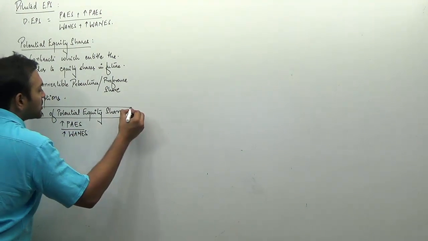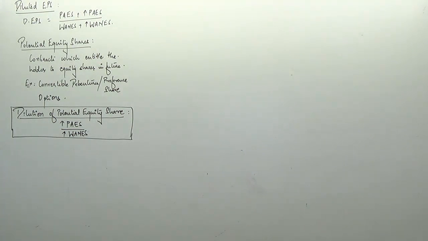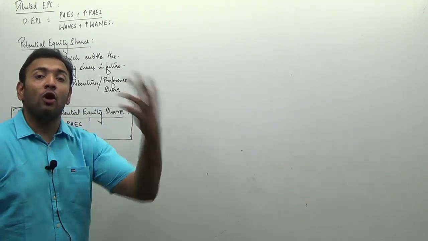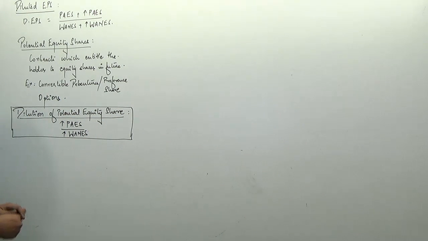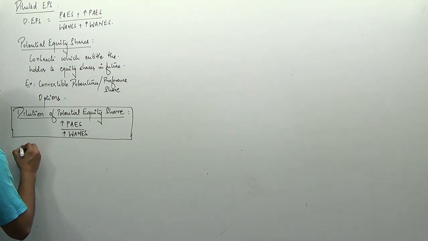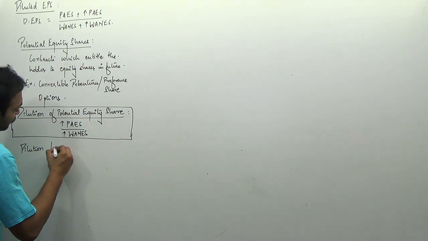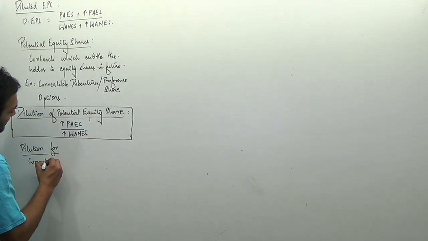This is my dilution for any potential equity share. Any potential equity share, the dilution can be explained as increase in PAT by increase in WANES. Now, I said when there is conversion into an equity share, your denominator increases, absolutely correct. But even the numerator increases. Yes. Let's take a case of dilution for convertible debentures.